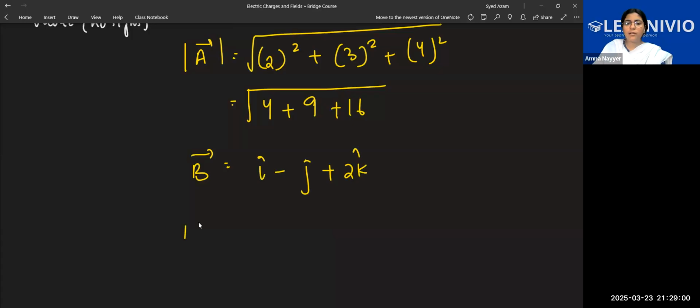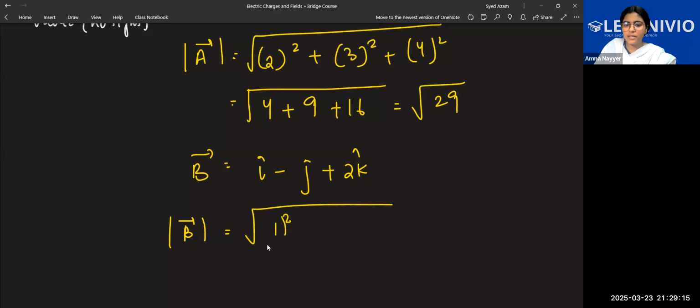Now, when I have to calculate the magnitude of this, I'll write 1 square, because the coefficient of i cap is 1. What's the coefficient of j cap here? 1 square. J cap's coefficient.